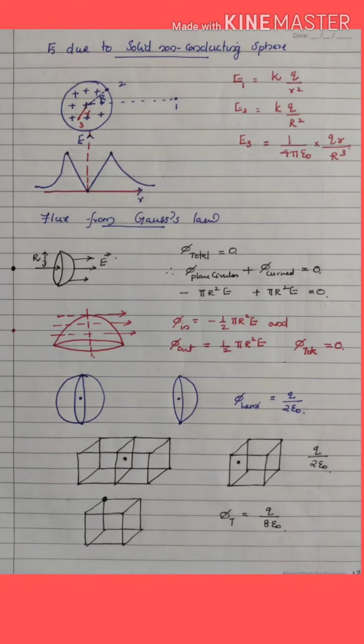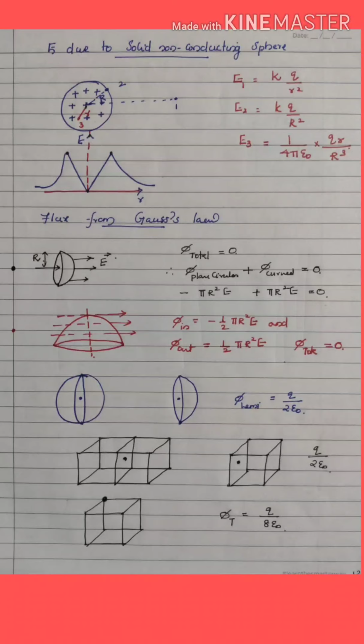See the flux from Gauss's law. And keep in mind some problematic situations are there. Here a hemispherical surface is placed in a uniform electric field, but we are comfortable with one data: the total flux should be equal to 0. Reason, there is no charge enclosed.